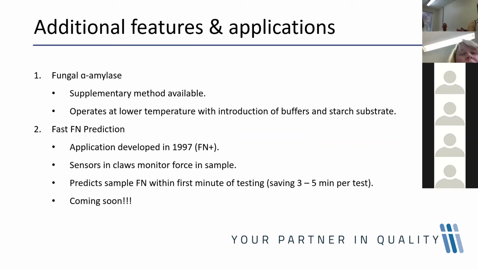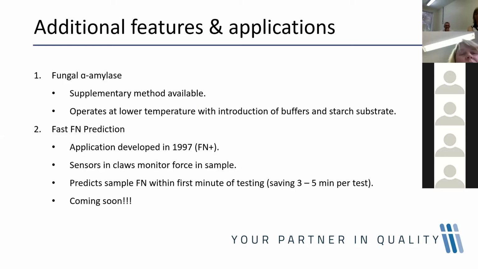Looking a little further into the future, there have been developments going on since 1997, where Burton have been looking at a more rapid method, which is based on the first 60 seconds of the test when the sample is being stirred.